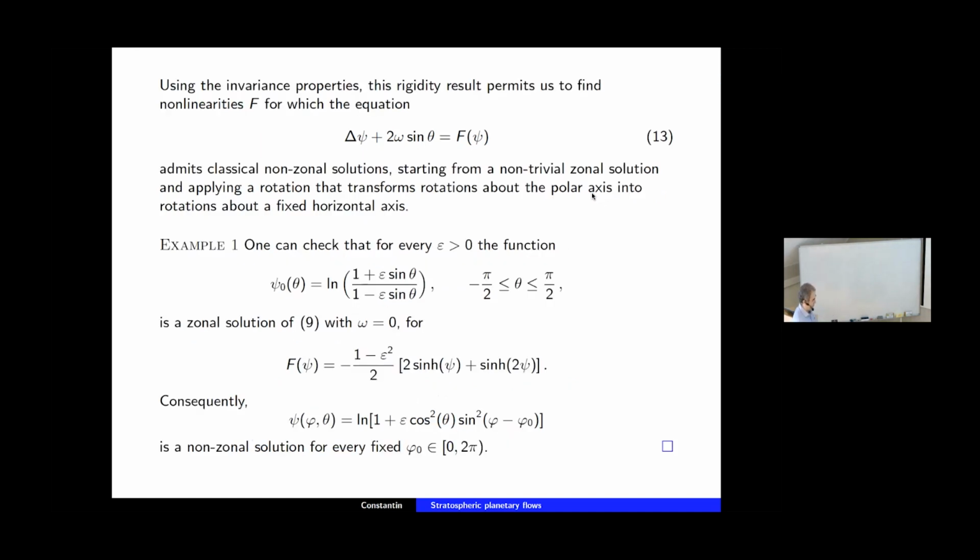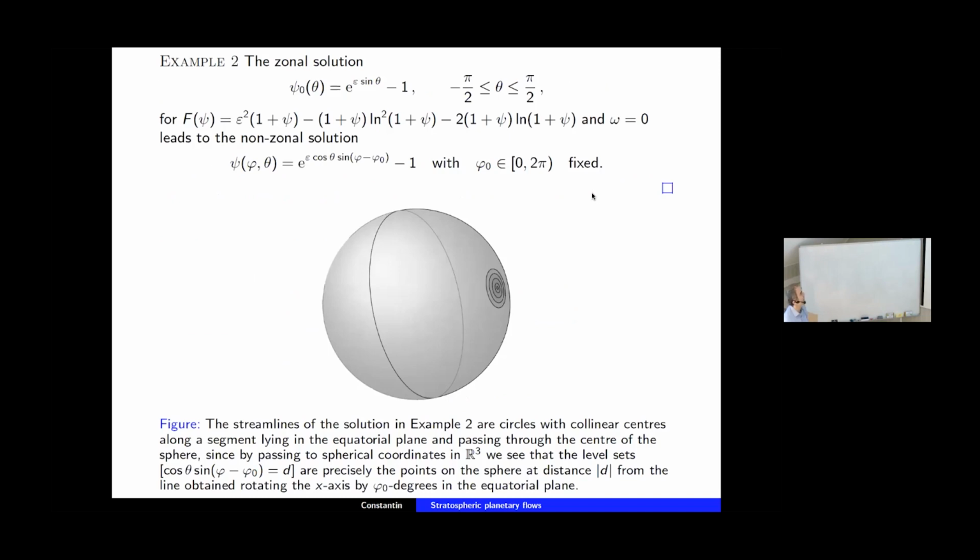So what you can do, for example, this is a zonal solution for this f. And then what you can do, because you have this rotational invariance, from this you build this, and this is not anymore zonal. Okay, there is a dependence on latitude here, but it's obtained from a zonal one by rotation, and it looks like this.